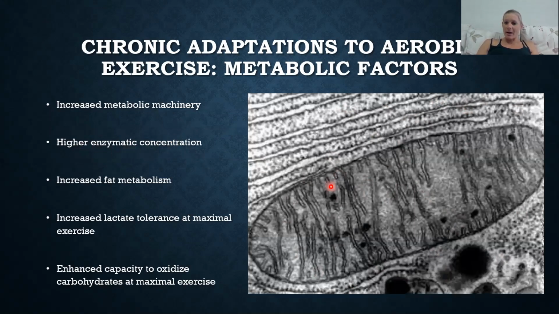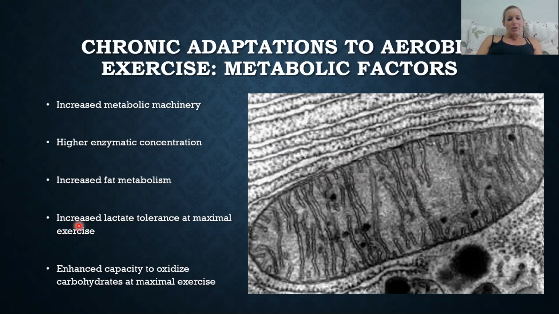If I'm an ultra endurance athlete doing long duration things, like a 2-hour run or 3-hour bike ride, I'm going to see higher enzymes related to fat breakdown, because fats would be my major fuel source there. I'll also see an improvement in efficiency as it relates to fat metabolism. We become better fat burners.